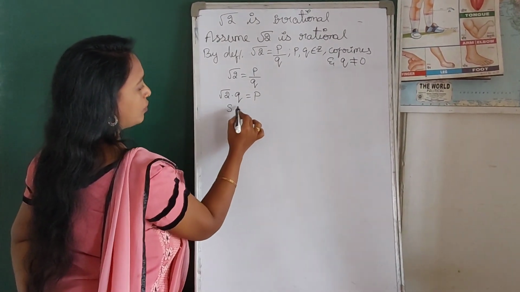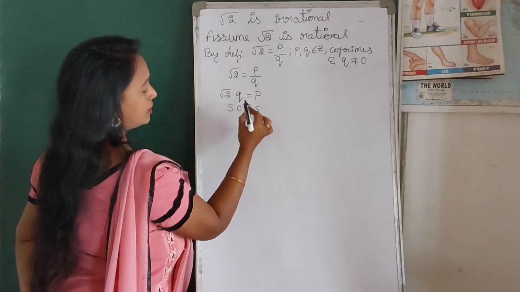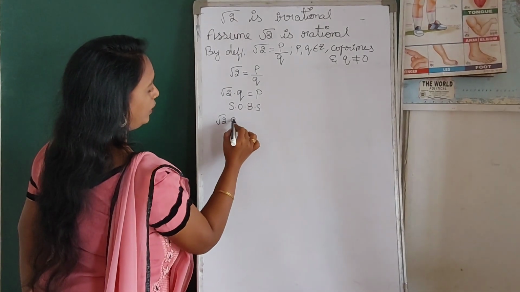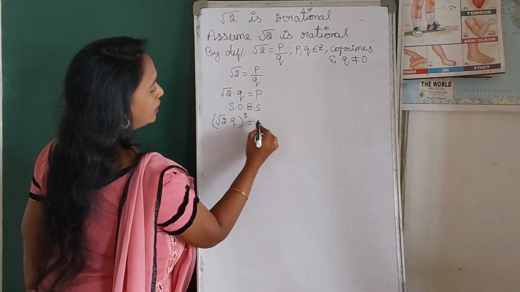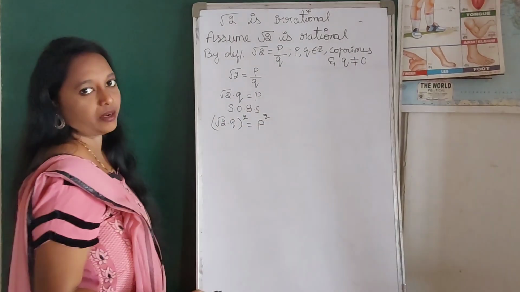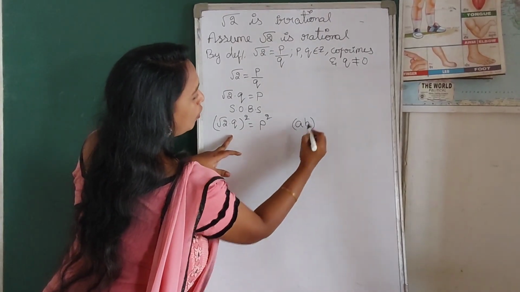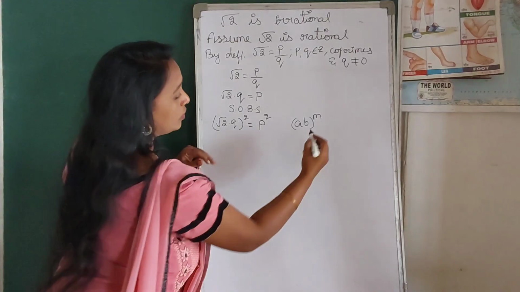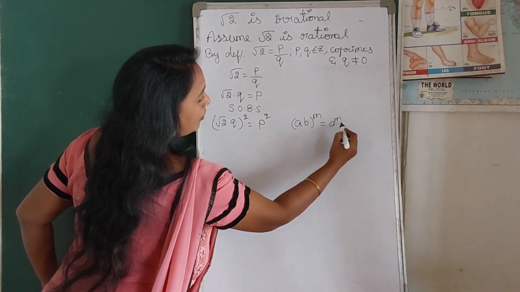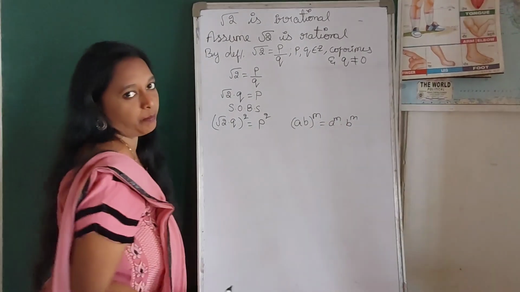Next you do squaring on both sides. That is, root 2 into q whole square is equal to p square. Now this is in the form of ab whole power m, so this can be written as a power m into b power m.